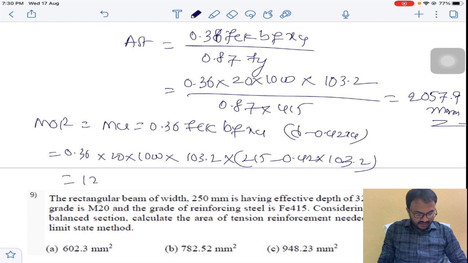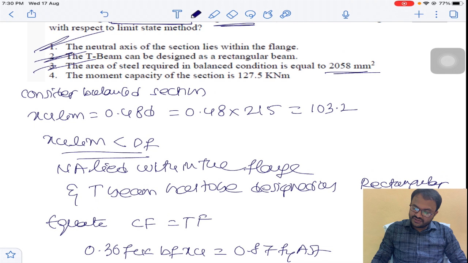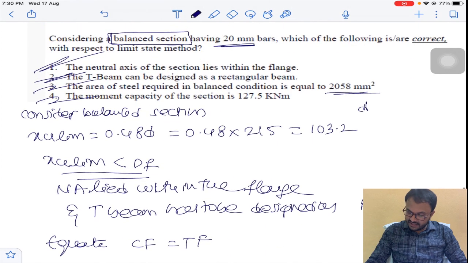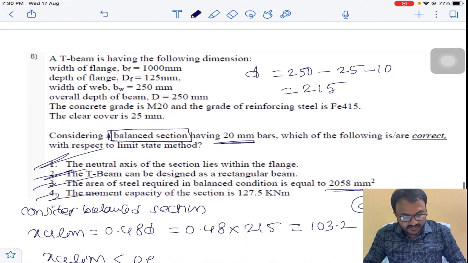So it will be 127.54 kilonewton meter. So option D is also correct. So all the statements are correct. So for this the answer is D. So you will have option D here, all. Clear? Okay. And next question.